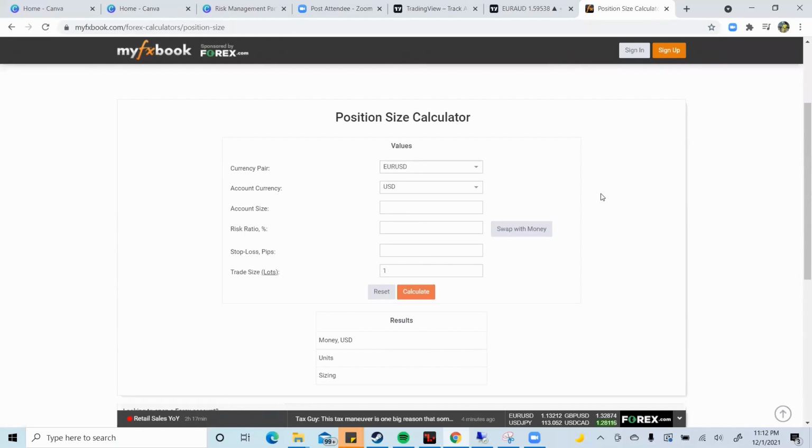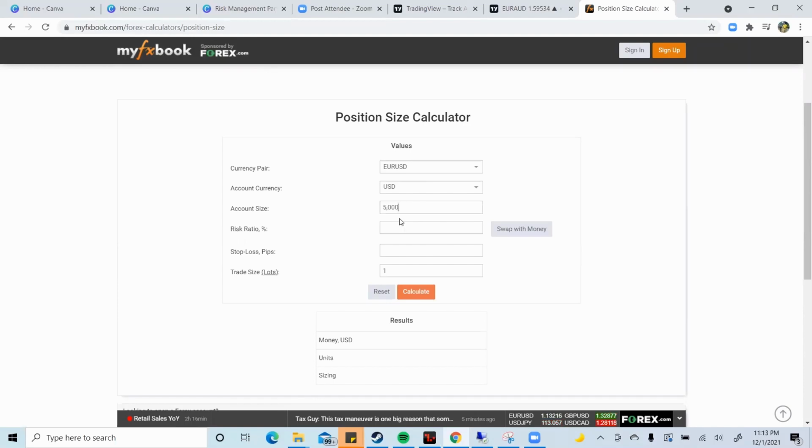So let's say you're trading Euro USD and you're trading in United States dollars currencies. So you have a $5,000 account. Now, the thing is with forex, not every pair pays or risks the same amount per pip. And that's something that you'll learn as you trade for longer.